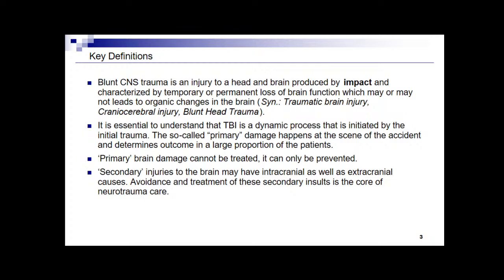It is essential to understand that traumatic brain injury is a dynamic process. It means that brain trauma has a pathogenesis development that is initiated by the initial trauma. The intrinsic trigger mechanism of the trauma is mechanical damage to the head.